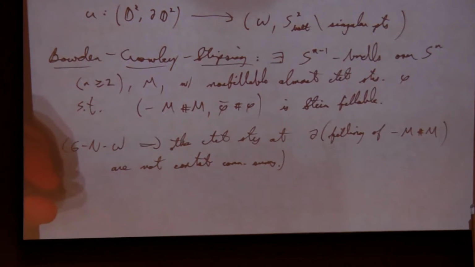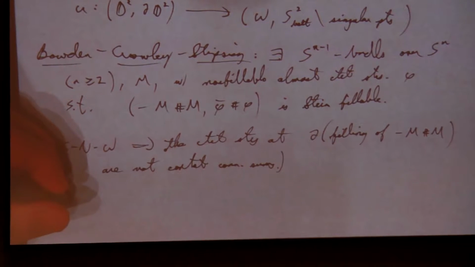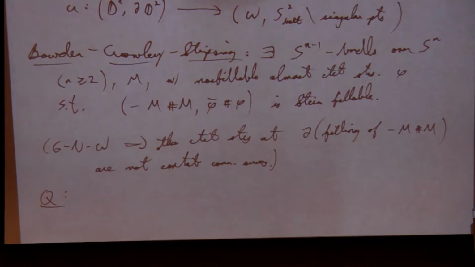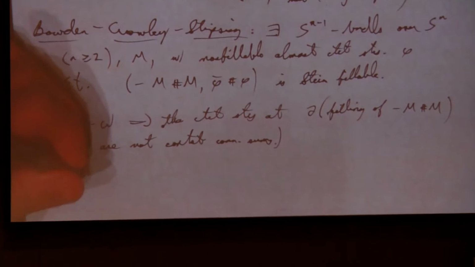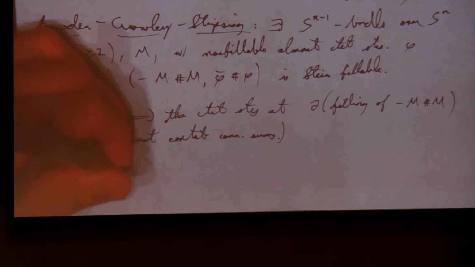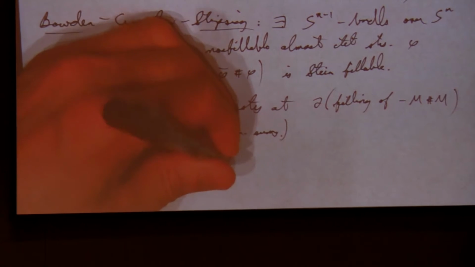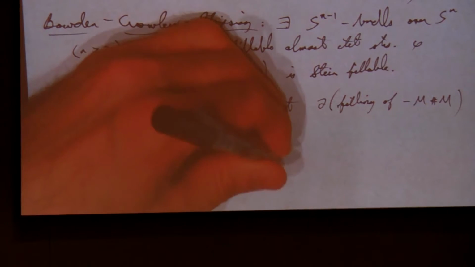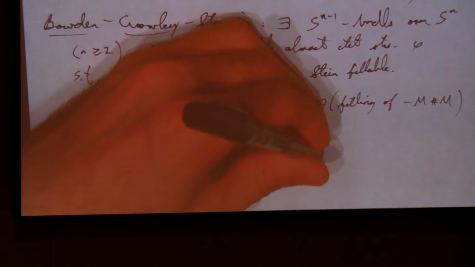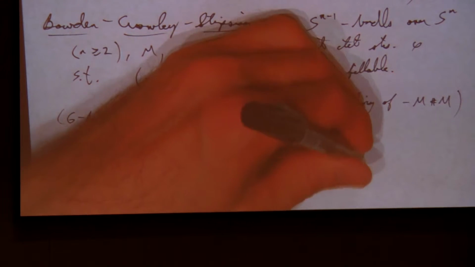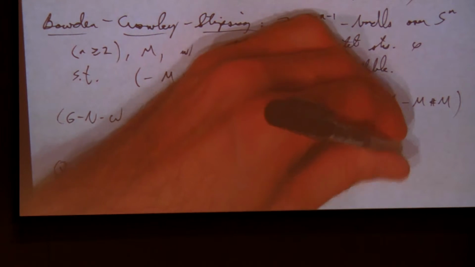So now to move on and talk a little bit about the proof. The question we actually wanted to answer when we started our project was, is Eliashberg's theorem homotopy theoretically plausible in higher dimensions?